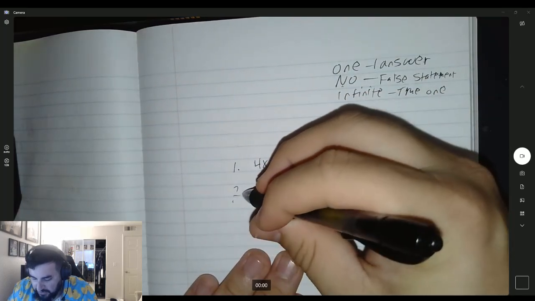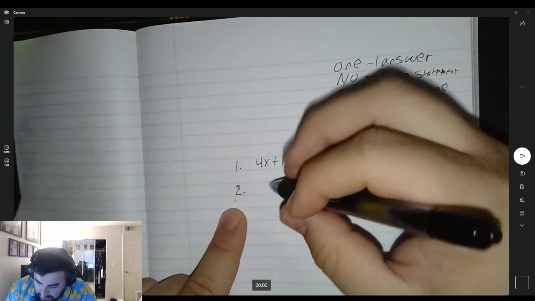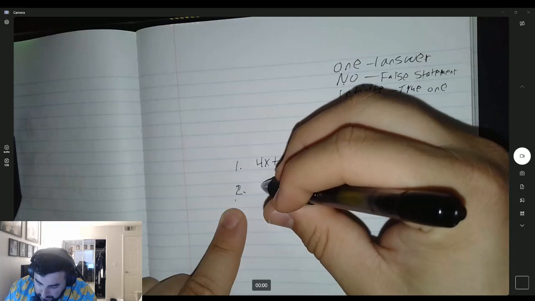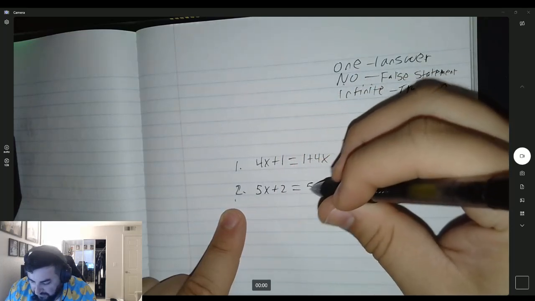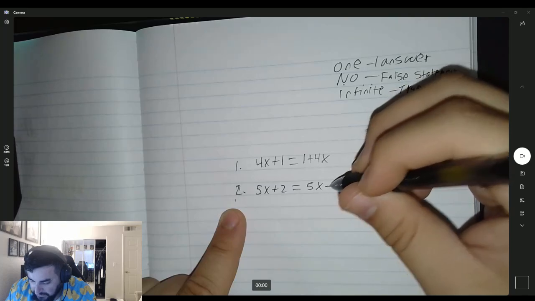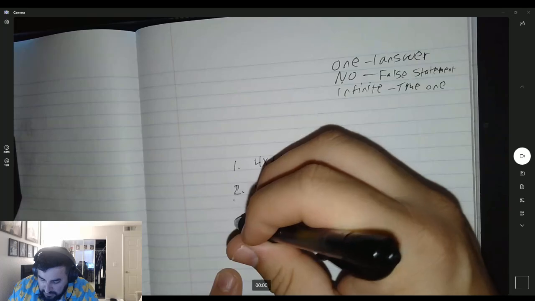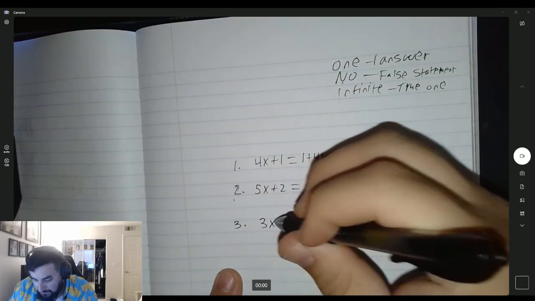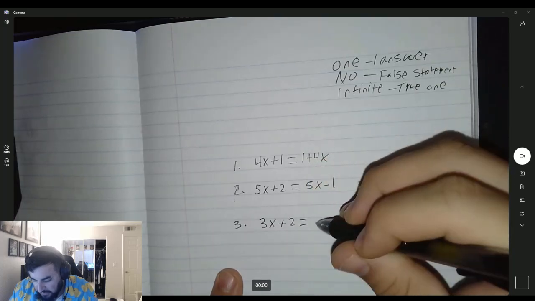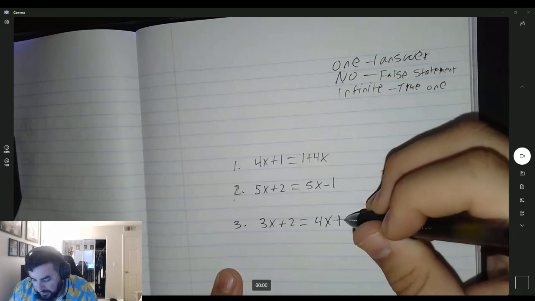Go ahead and try this one next. Question 2 is 5x plus 2 equals 5x minus 1. And over here, last one, let's go 3x plus 2 is equal to 4x plus 5.